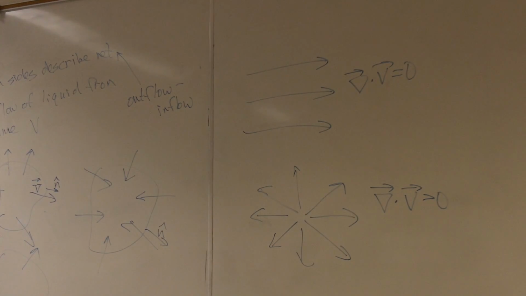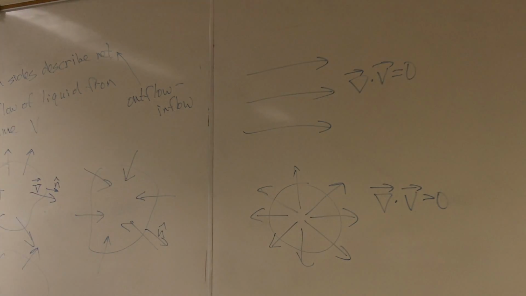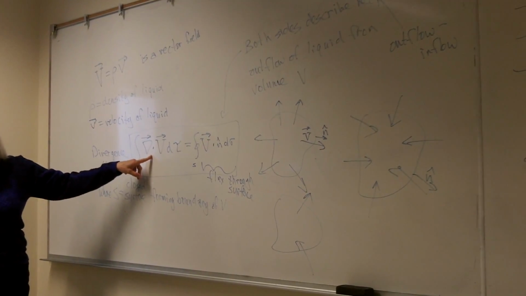And if we put some sort of surface, like the surface of a sphere surrounding that point that the lines are diverging outward from, then clearly there would be a net outflow through that surface, right? This integral right here would be positive, but this integral here is also a positive number.